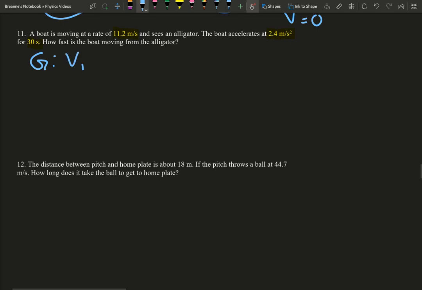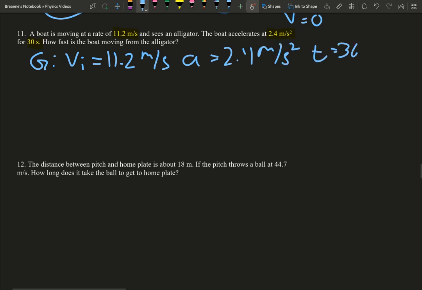We have our initial velocity at 11.2 meters per second. You have the acceleration of 2.4 meters per second squared, and you have time at 30 seconds. And you're looking for how fast it's moving, so you're looking for your final velocity.